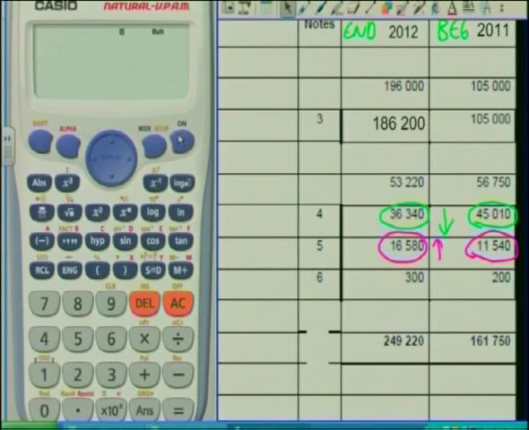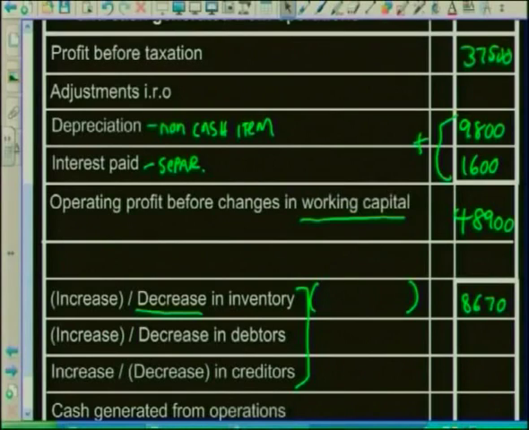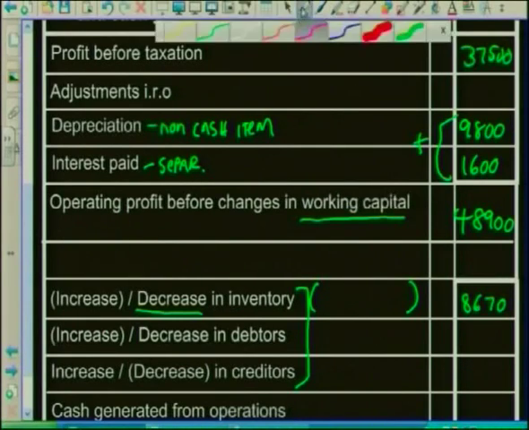So immediately, guys, let's now calculate that increase. There we go. So 2012, 16,580, subtract 11,540, and there's been an outflow of cash of 5,040 rand. So let's now take this figure to our cash flow statement, our note. So there's obviously been an increase in your debtors.